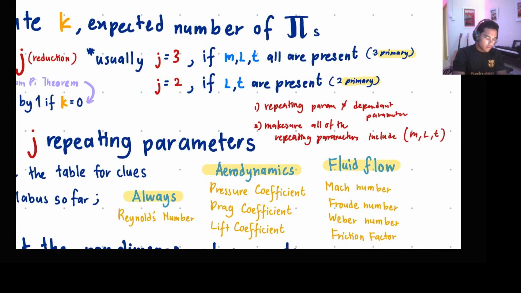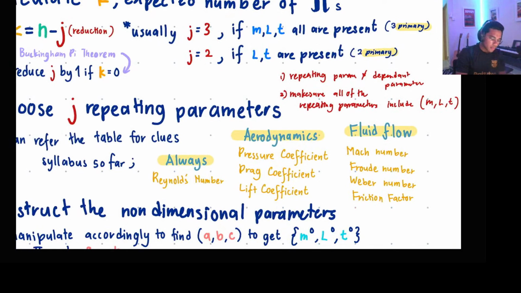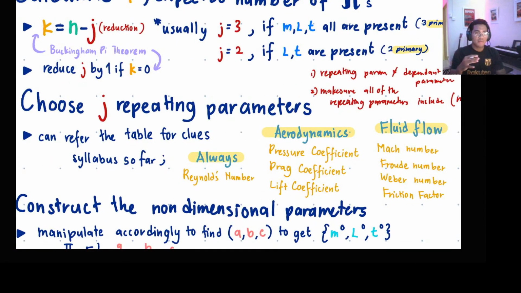Okay. And also, how we choose repeating parameters is that we need to use the dependent parameter as our clue. So for example, they give us lift force, kan? Okay, so lift force is the dependent parameter. That dependent parameter must exist in the list of the non-dimensional parameters, which is on page 315.